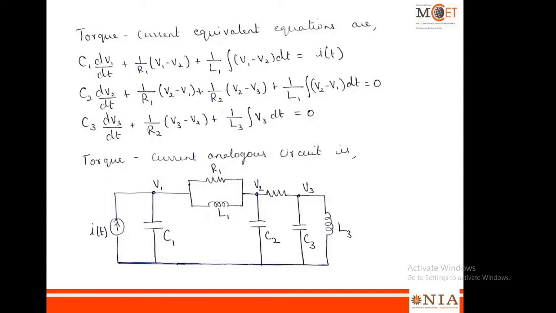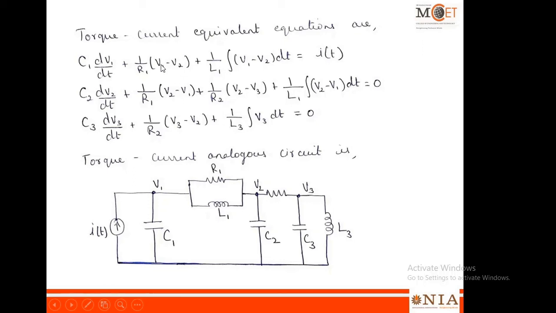So here the mass will be replaced by capacitor, damper by 1 by R, spring by 1 by L, and angular velocity by voltage, and torque by current. So similar replacements you should do for node 2 and node 3 also, so that you get these three equations. Now we have to draw a circuit which satisfies these three equations.